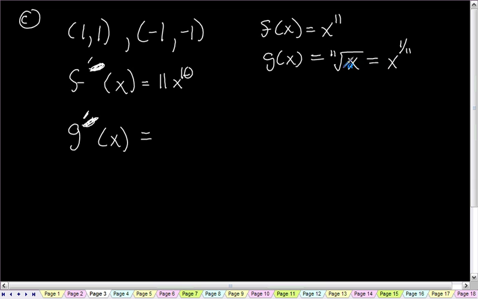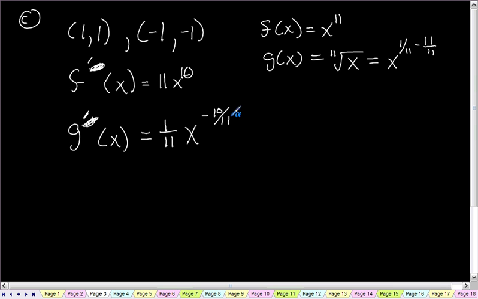That's another way to write the 11th root, a reciprocal of the root in the exponent. So we bring the 1/11th down, and we take 1 away from 1 over 11. If we take away 11 over 11, we're left with negative 10 over 11. And that's our g prime.